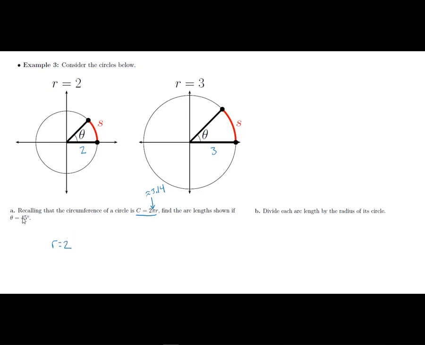Now, if theta is 45 degrees, let's remember what we talked about in the last video, where we said that 45 degrees was associated with 1/8 of the circle, right? So what we could say is that S, the arc length, is 1/8 of the circumference.